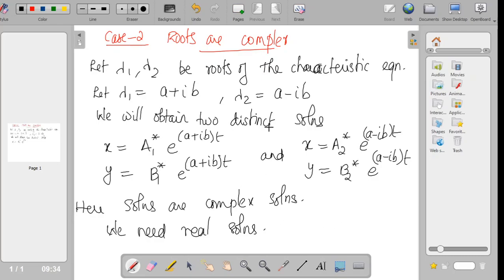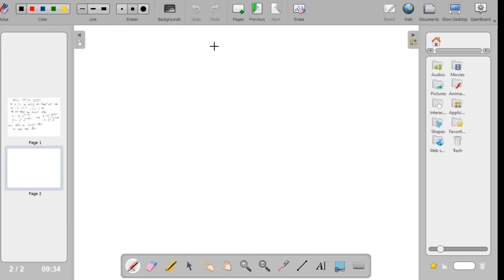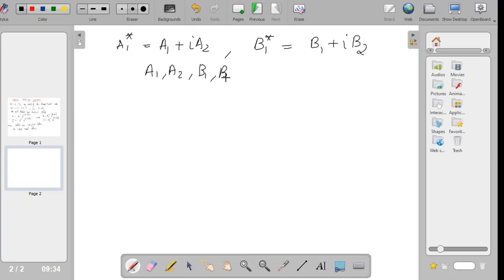For obtaining the real solution, we will express a1 star as a1 plus ia2, and let me take b1 star to be b1 plus ib2. So here a1, a2, b1 and b2 will be some real constants.